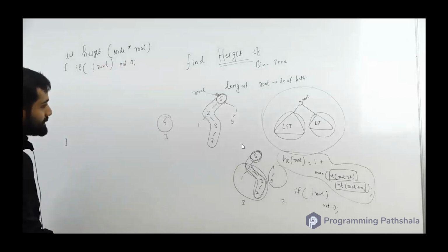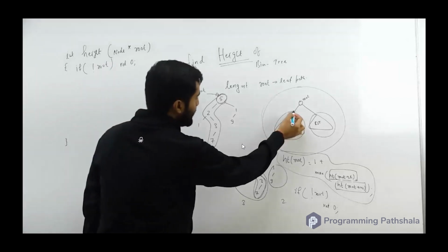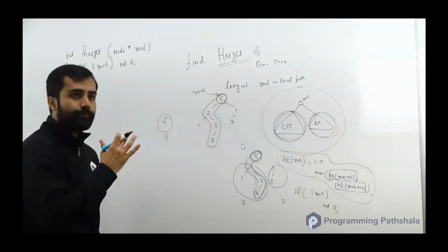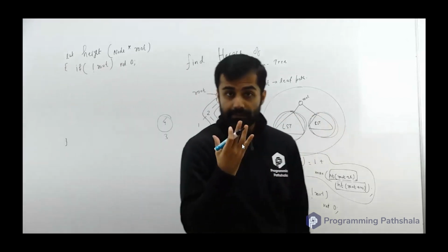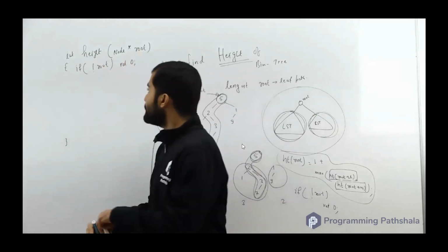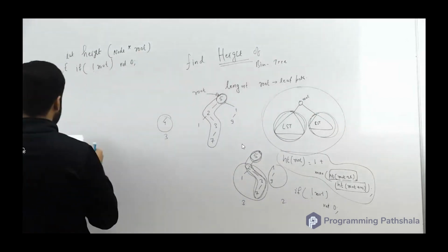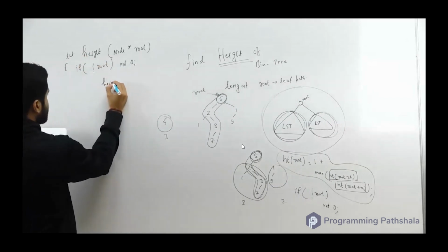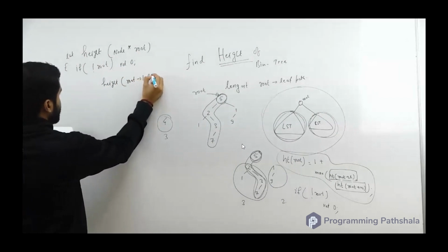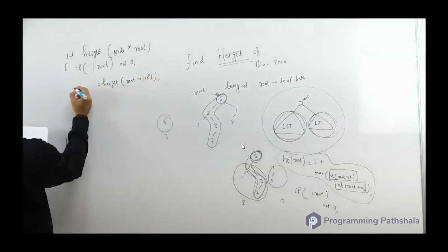Otherwise, what I'll do is I'll first compute the height of the left subtree, then I'll compute the height of the right subtree. How do you compute the height of the left subtree? By just making this recursive call on root left. So I'll call this function height for root left, and it will supply me an integer.